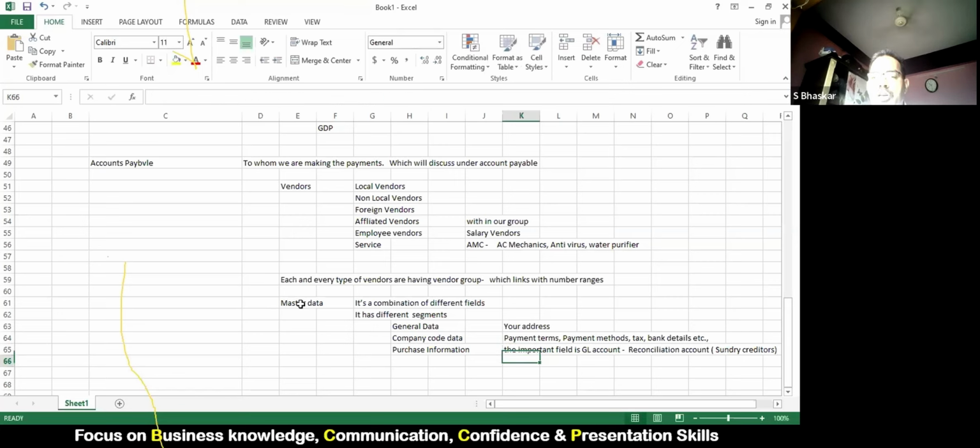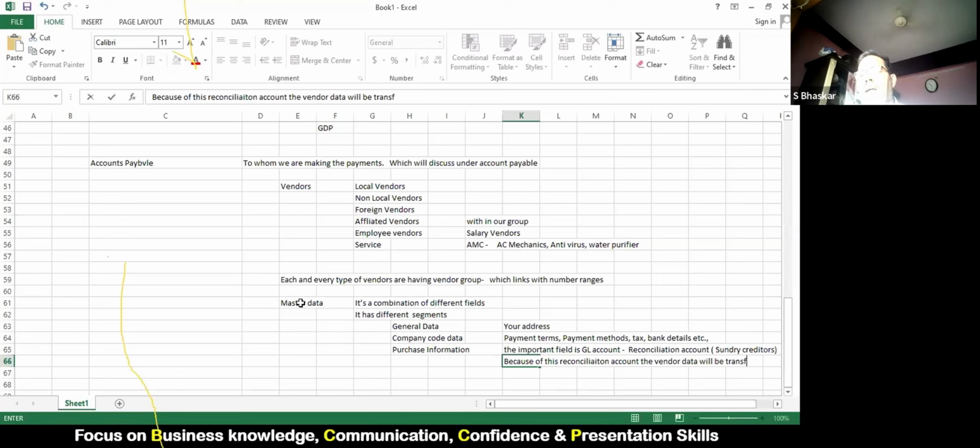Because of this reconciliation linking, the vendor data will be transferred to the GL master data.